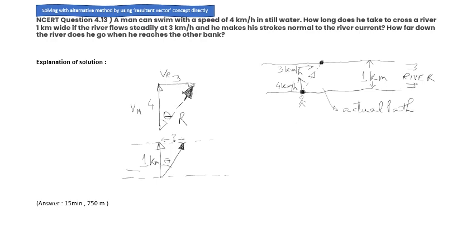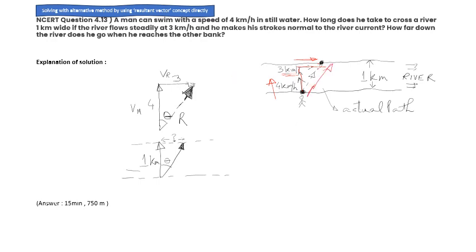This is the basic diagram. There is a vector of the man swimming at 4 kilometers per hour velocity, and another vector of the river flowing with 3 kilometers per hour velocity in this direction. So naturally, the resultant of this vector and this vector will be this, by simple addition.